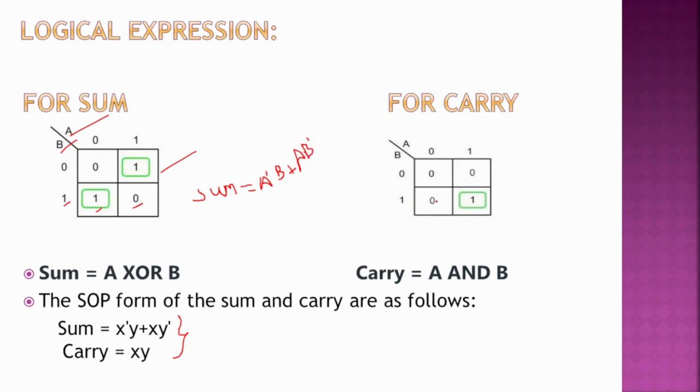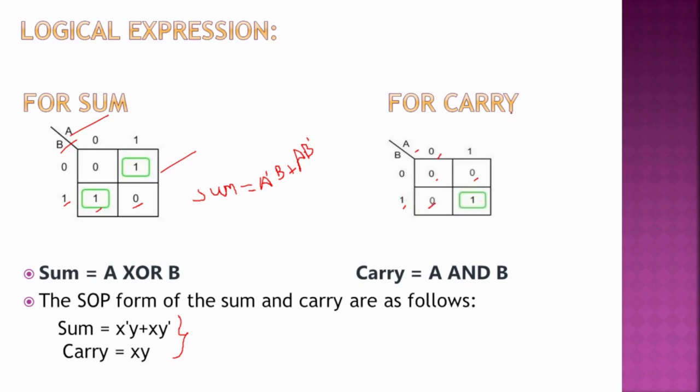For carry, when both the values are 0, it is 0, and when either one of the values is 0, the carry value is 0. So A is 0 and B is 0, you will get the value as 0. A is 1 and B is 0, again 0. B value is 1 and A value is 0, you will get carry as 0.